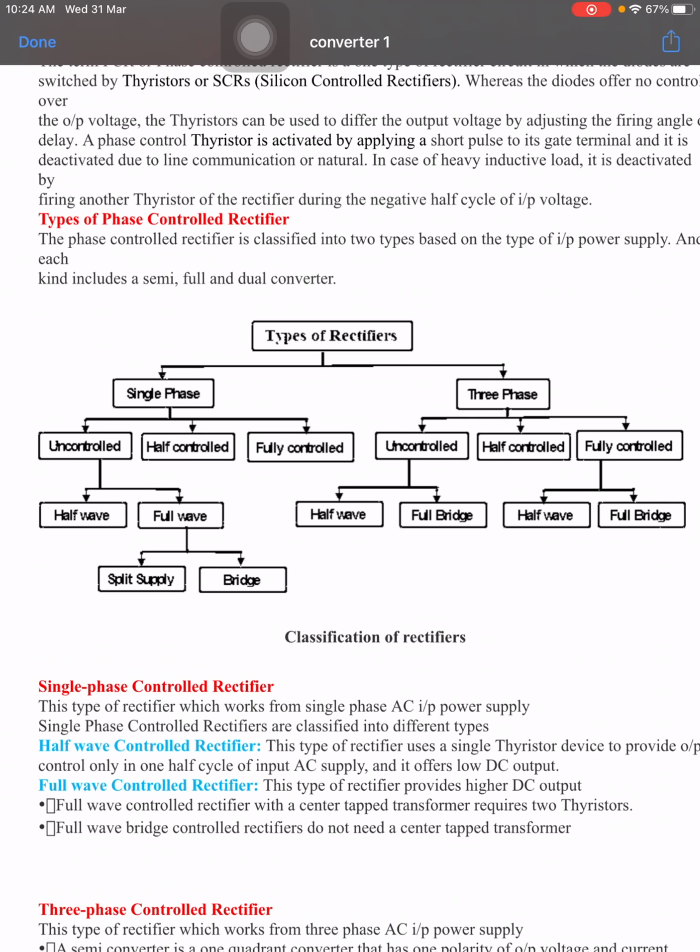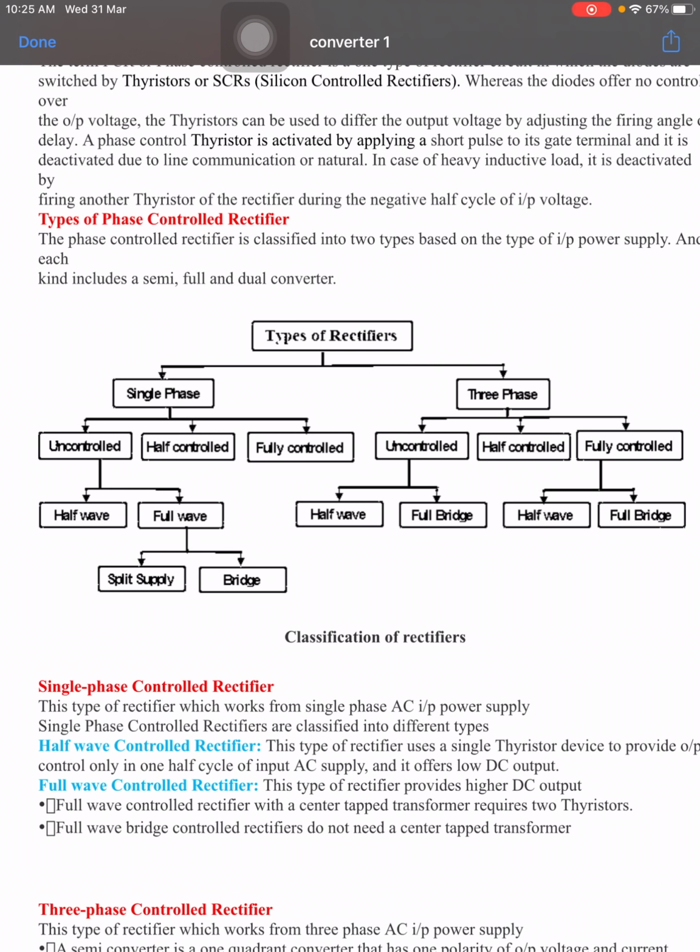Similarly, the full controlled rectifier is divided into two types: one is the midpoint connection and the second is the bridge connection. For the midpoint connection we use two diodes, and the bridge connection uses four diodes for single phase supply. For the full wave midpoint connection, a center tapped connection, we take two thyristors.